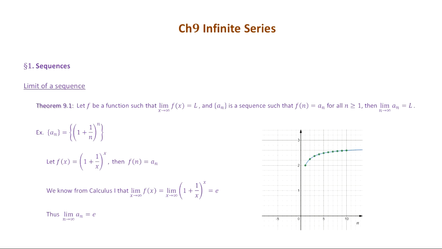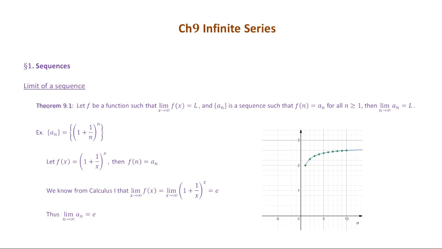So we have function f with the limit L as x approaches infinity. And at the same time, we have a sequence an, and an has a relation with this function such that f of n equals an. That means when you plug in n for x, you get an.